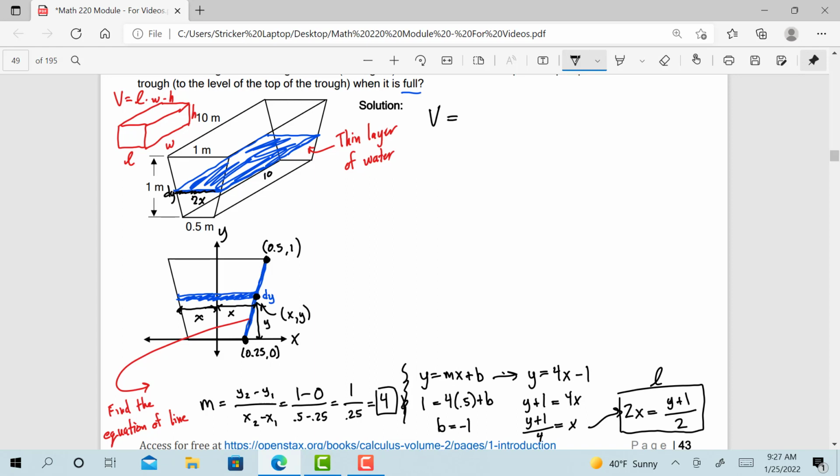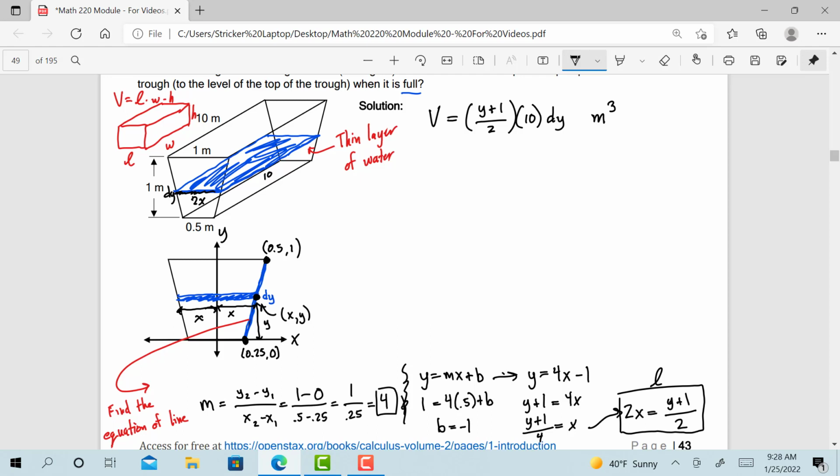So it's what 2x is, which again, remember, 2x is y plus 1 over 2. So we have y plus 1 divided by 2 times the width, which was 10 meters, times the height, or the thickness, which was dy. Okay? And of course the units here are going to be meters cubed, because we're in the metric system. We have meters times meters times meters. Okay?